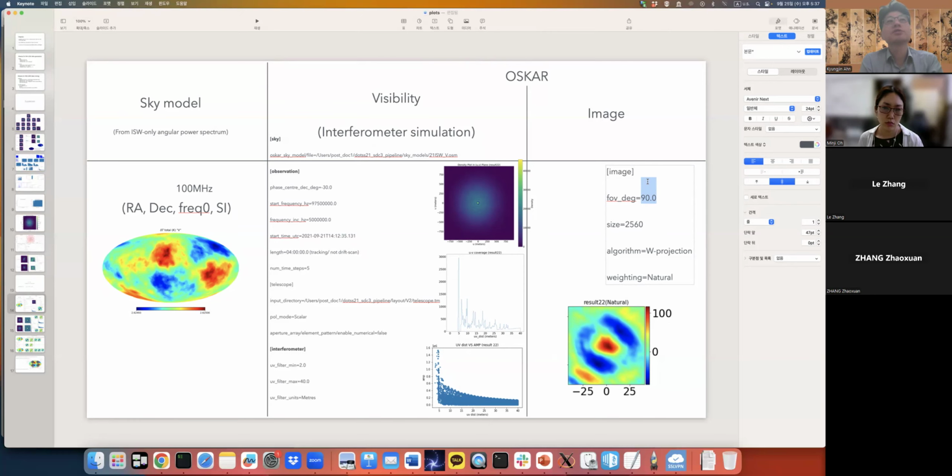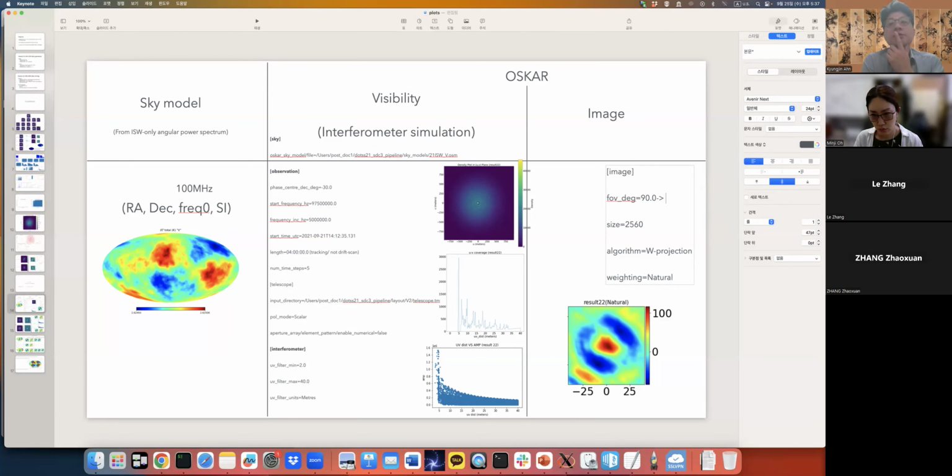Yeah, maybe. I think you have assumed the beam pattern, right? In OSCAR you need the beam pattern. Usually maybe 20 degrees, assuming a Gaussian beam width, sigma.